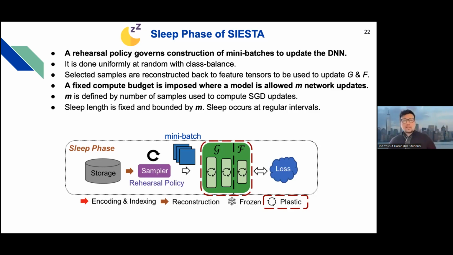During sleep, it minimizes the optimization loss, but it has to respect a certain compute budget. So the model is only allowed to perform a certain number of updates and then achieve optimum performance. The sleep is restricted by M, which is the number of samples used to compute stochastic gradient descent updates. Sleep length is fixed, and it occurs at regular intervals.